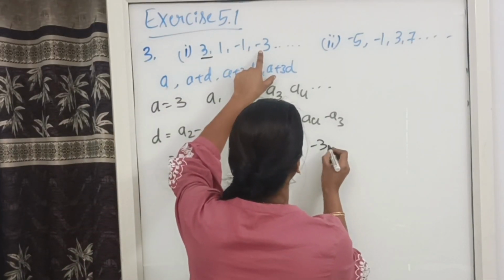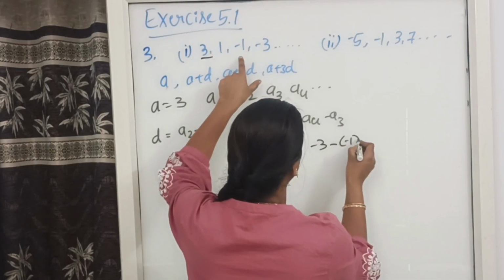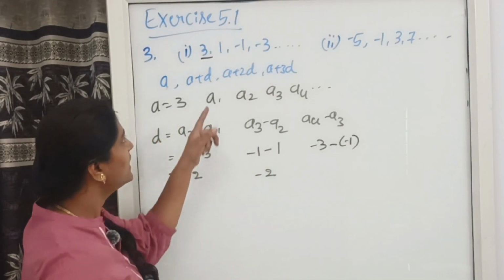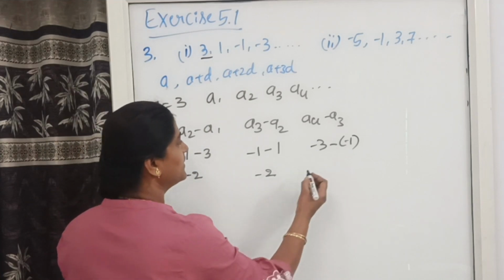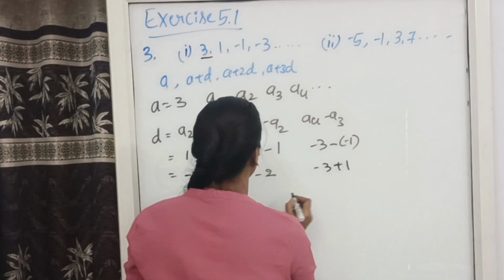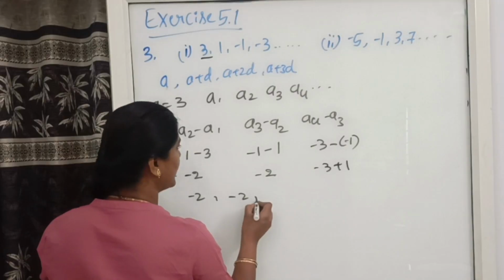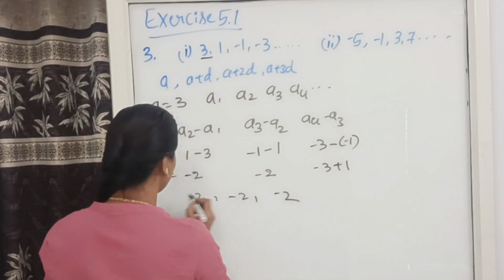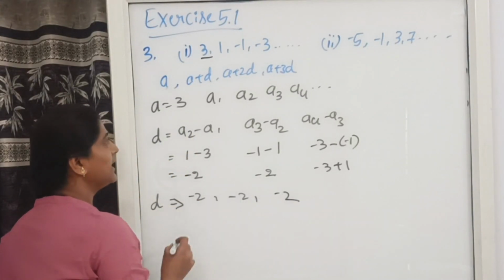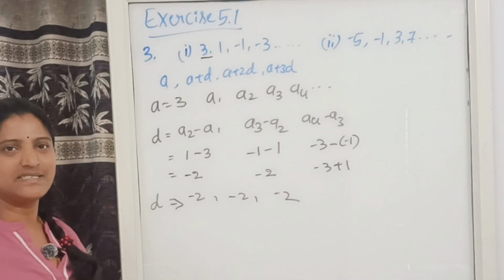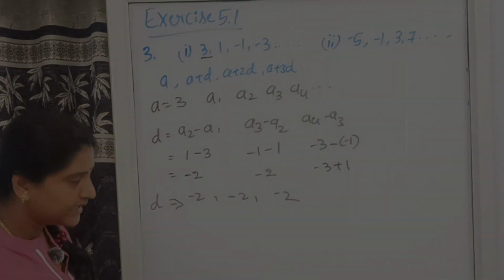A4 is minus 3, A3 is minus 1, so minus 3 plus 1 is also minus 2. So this is the D. Just we need to check. That's it. Okay.